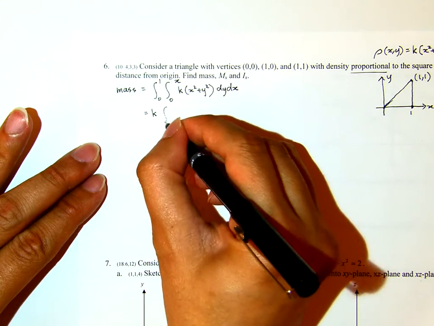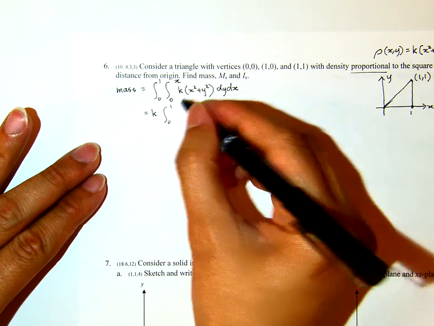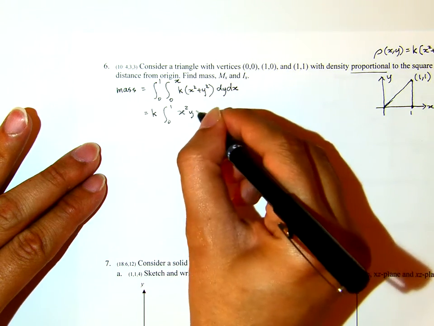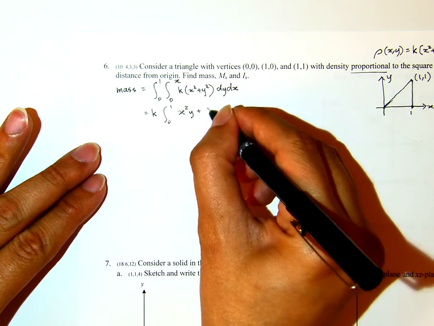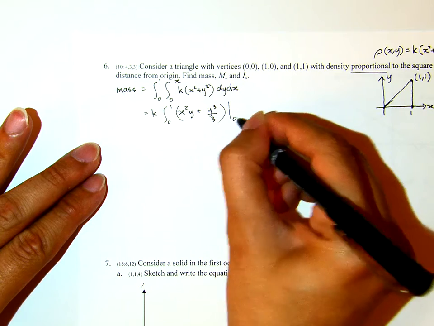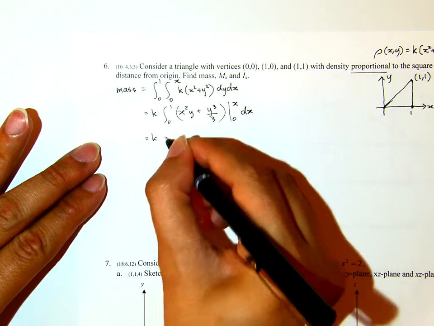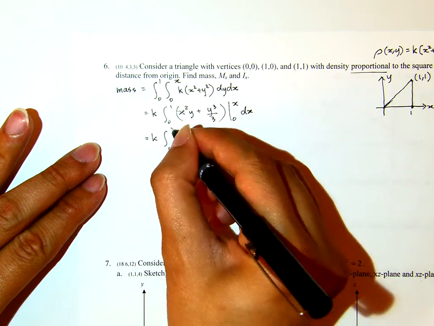Right, integral from 0 to 1, and if I integrate this with respect to y, I will get x squared y plus y cubed over 3 from 0 to x dx, and this equals k times the integral from 0 to 1.